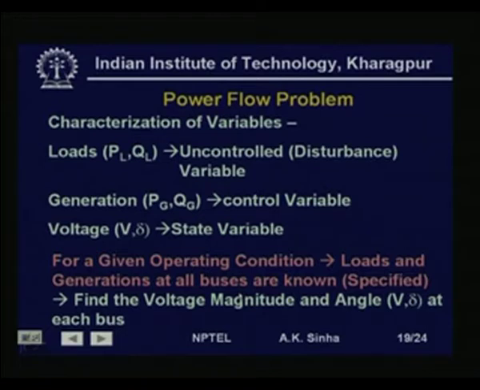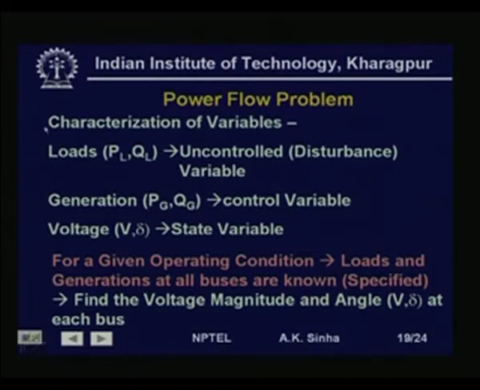Now, we will see exactly what this power flow problem is and how we try to solve it. First thing that we have to do is see what are the different variables which we have. In a power network we have loads at certain buses.